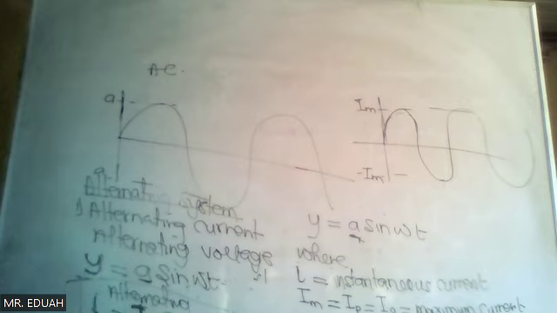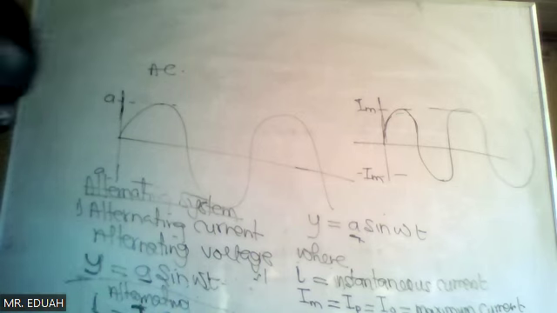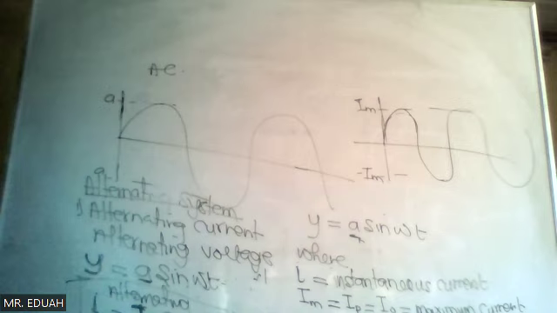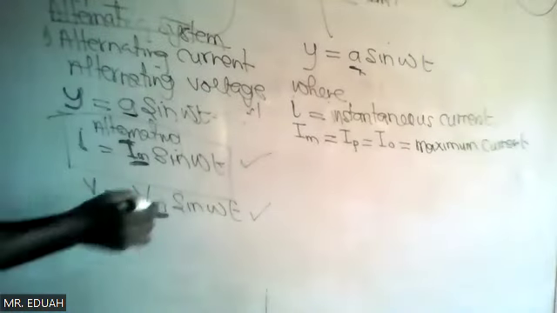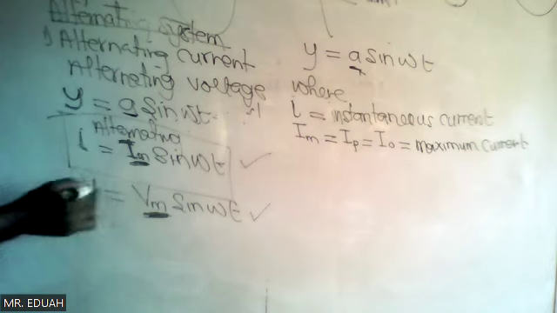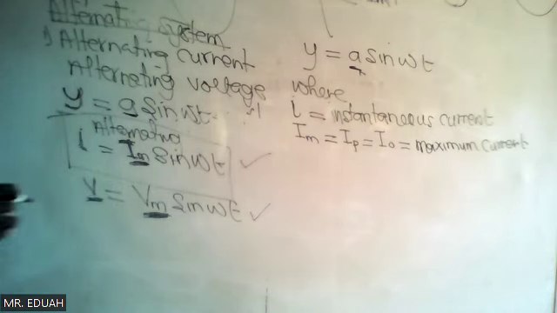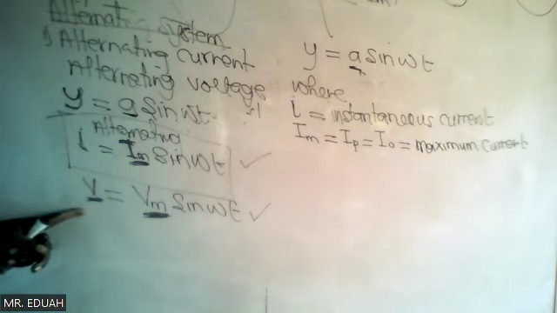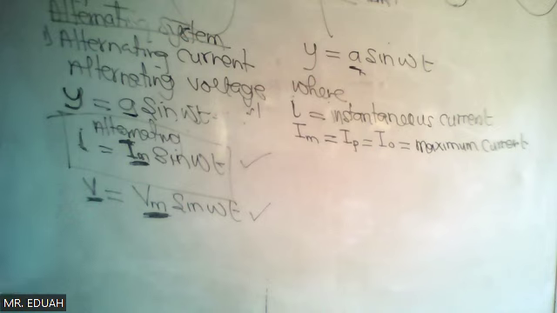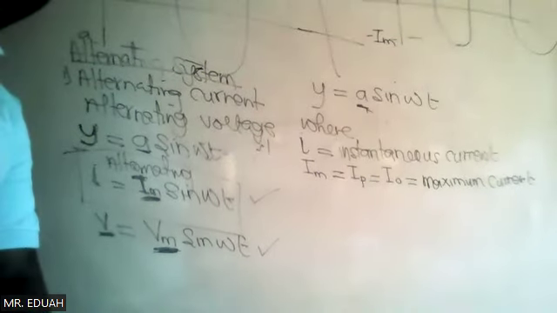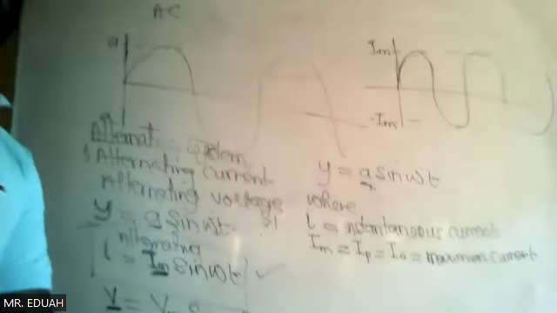If it's about alternating voltage, then this is the maximum or peak voltage. How would you call this? The instantaneous voltage, the voltage within a given time t. Is that okay?